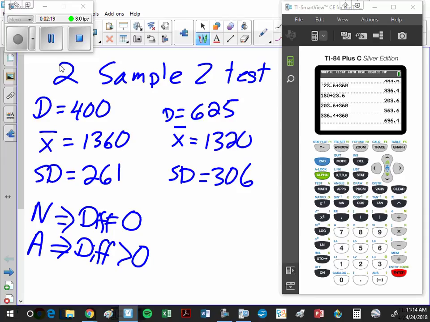So in order to do this, I need to create SEs. Which SE do I want to make? SE average, so I use the shortcut, and I just divide this by 20, because that's the square root of 400. And I divide this one by 25, or the SEP.